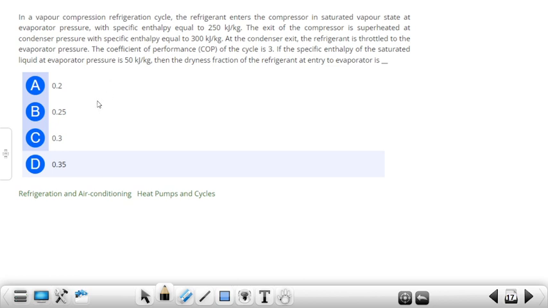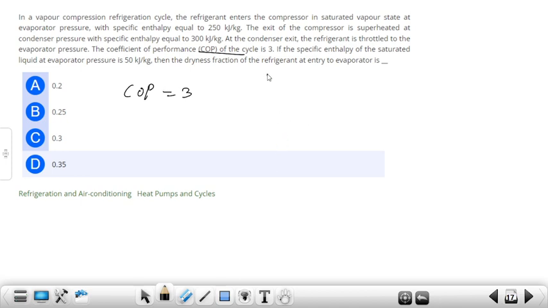At the condenser exit, the refrigerant is throttled to evaporator pressure. Coefficient of performance of the cycle is 3, and specific enthalpy of saturated liquid at the evaporator pressure is 50 kJ per kg. Then the dryness fraction of the refrigerant at entry of the evaporator is what? So given data, COP of the cycle is given 3.